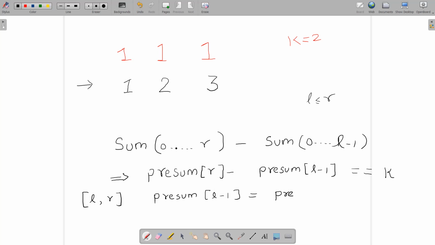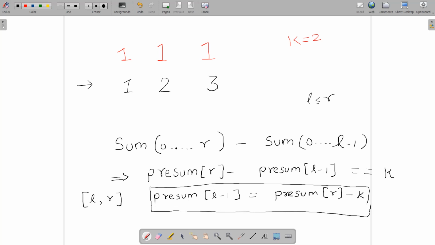Let me write the first prefix sum up to R minus k, that is, I have moved this term to the right and brought k to the left, and it will be something like this. So you will have prefix sum up to L minus 1 must be exactly equal to prefix sum up to R minus K.